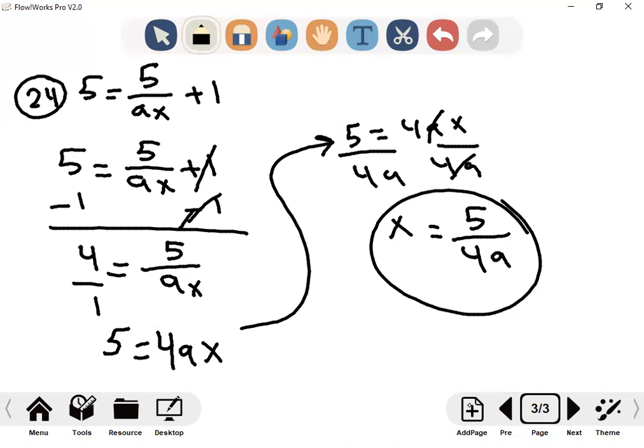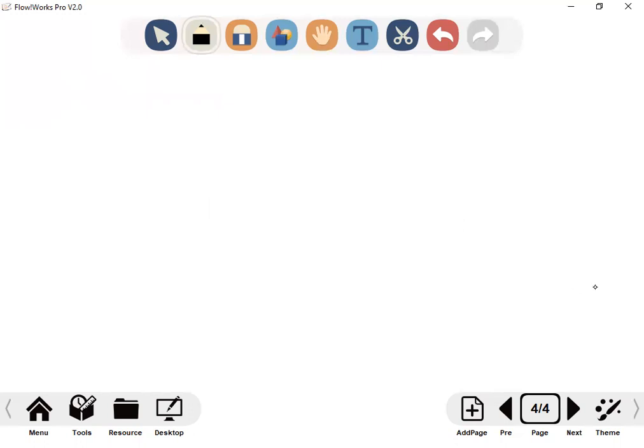Else? Yes. Yeah, 21: 6 plus ax equals negative 29. What do we need to get rid of first? The 6. The 6 is positive.